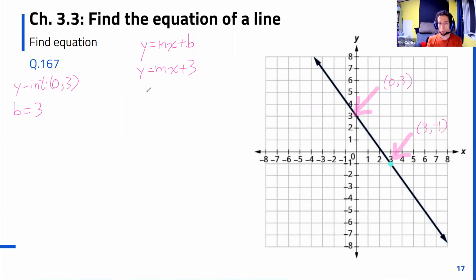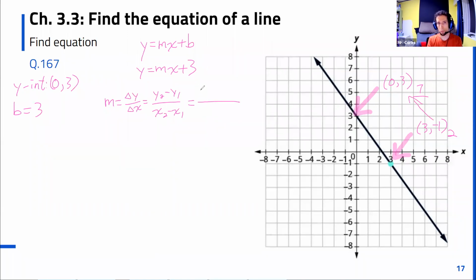All right, so our slope formula, delta y over delta x, is y2 minus y1 over x2 minus x1. We just choose one at random to be point 1 and the other point 2. So the y values: what's the difference in y when we go from this one over to this one?